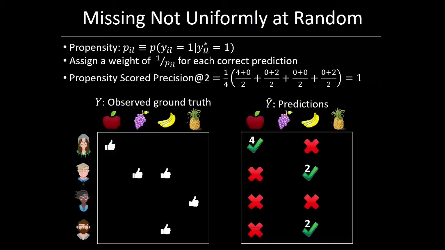Okay? Now, note that this result is true only in expectation, and that our evaluation could be wildly inaccurate for any individual user, as is the case over here for user 3. For her, we predict that her precision is 0, whereas it actually should be 1.